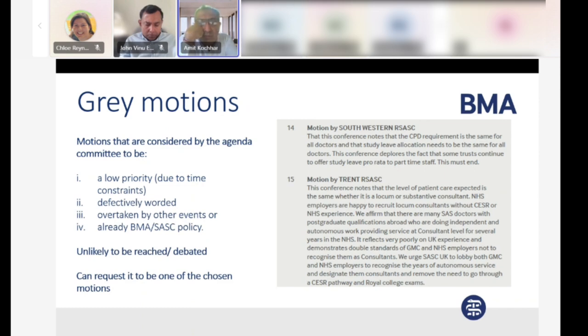Who is it asking to do what? It's this must end. How? We can't make that policy unless we have some idea as to how this would become policy. That's why it's gray. However, conference may decide, no, we think this is a brilliant motion, and 15% of people may vote for it. In that case, we have to debate it. Next slide.